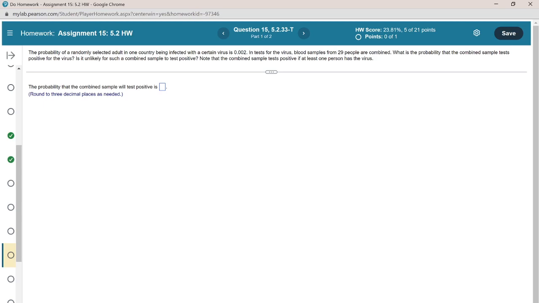The probability that the combined sample will be positive is, so look at here, let's go back to this problem one more time. If you choose randomly one person, the probability of being infected is 0.002. In a test for the virus, blood samples from 29 people are combined. So out of 29, what is the probability that the combined sample tests positive for the virus?